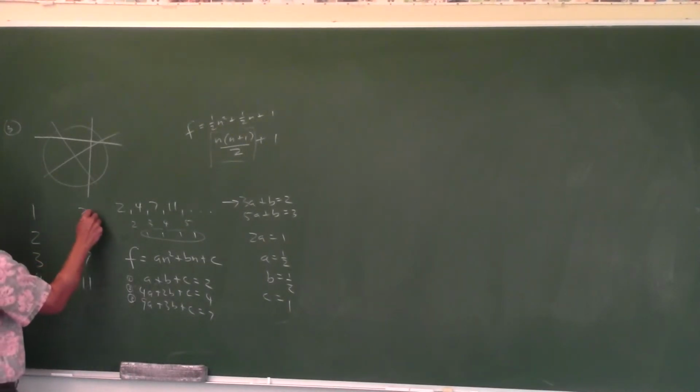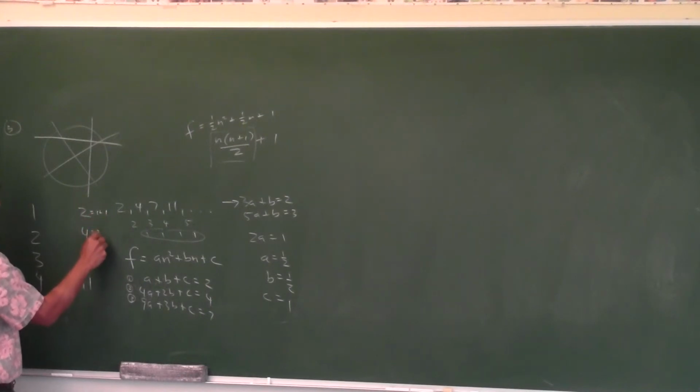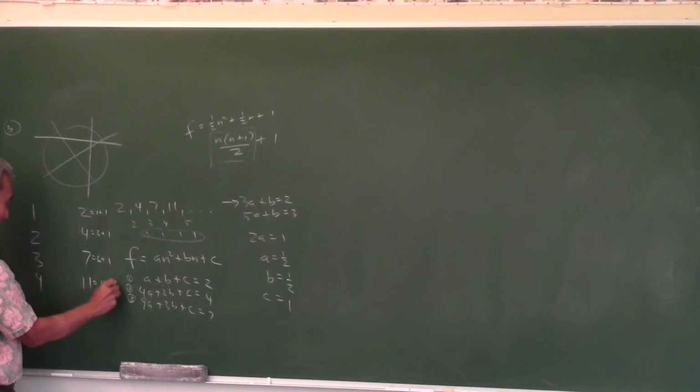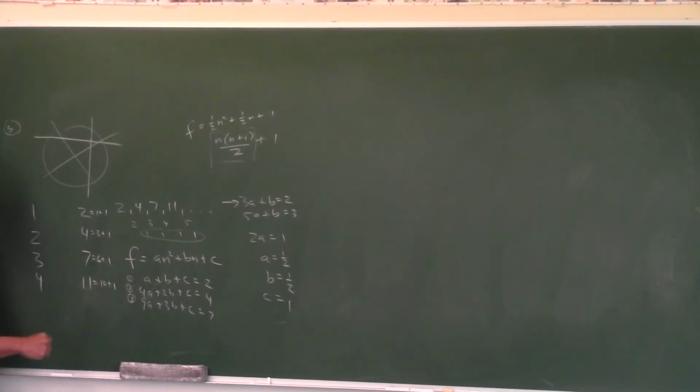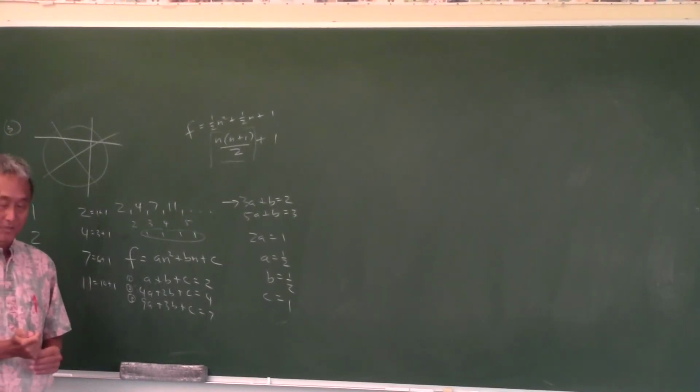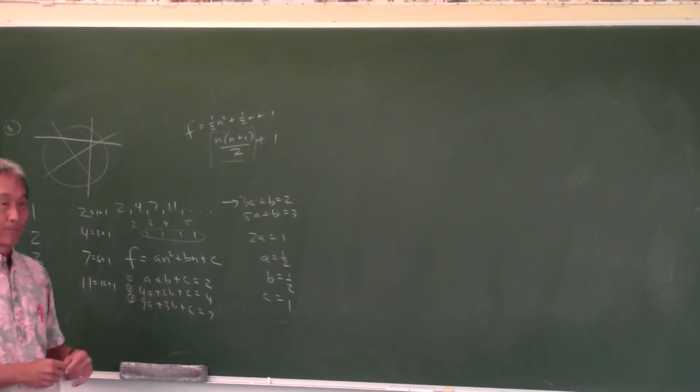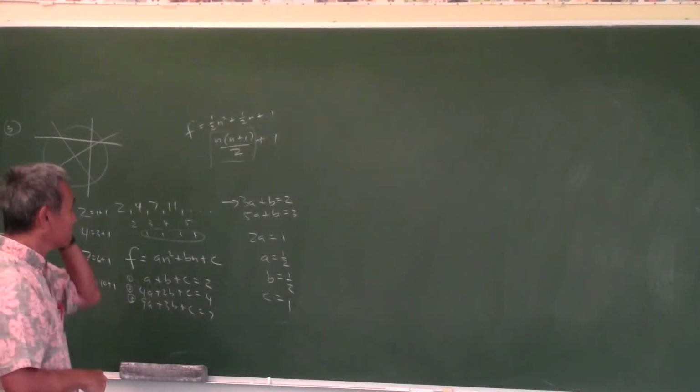Look, isn't this 1 plus 1, 3 plus 1, 6 plus 1, 10 plus 1? 1, 3, 6, 10, those are the triangular numbers. In fact, after we finish this problem, I think I better talk about triangular numbers and square numbers and pentagonal numbers and so forth.